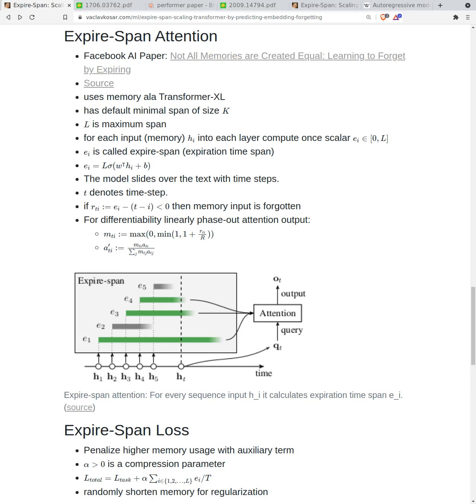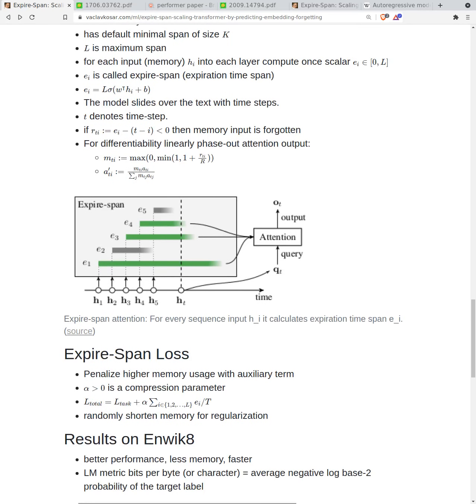So the token is predicted, okay, it will be remembered for this time, and then over time its memory expires, and its weight in the attention matrix goes down in this way. What it means is that we can get differentiability in this memorization as well.